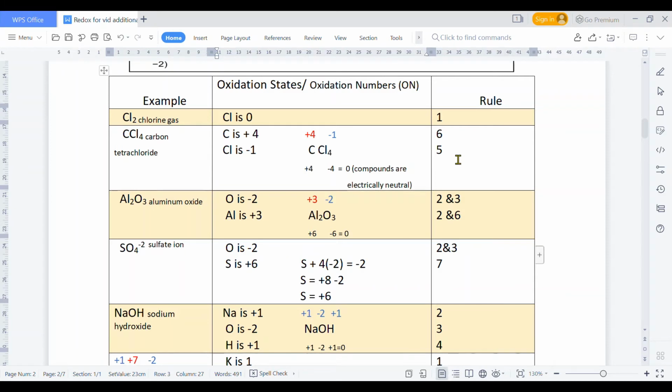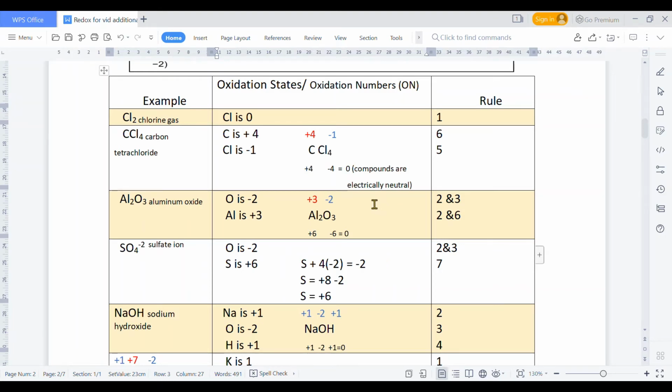And number 5 says that in binary compounds, the more electronegative element is assigned the negative oxidation number. So, in this case, chlorine is more electronegative compared to carbon. So, it will be assigned minus 1. How will you know that chlorine is more electronegative than carbon? Use the periodic table. Look at the electronegativity values.